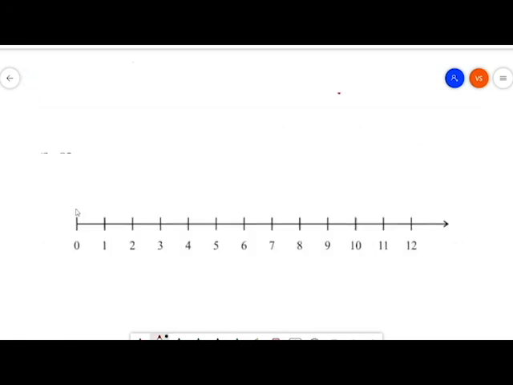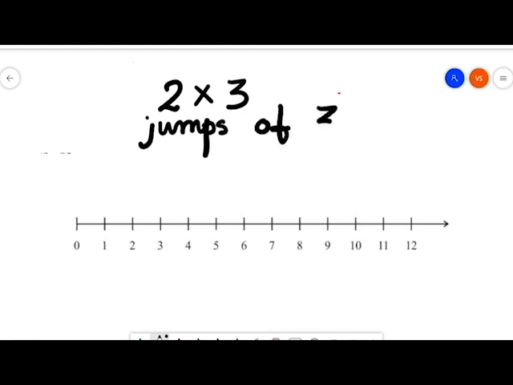Now let's see how to use number line for finding products. Let's take this case first: 2 into 3. We can say it in this way. We have to make 2 jumps of 3.